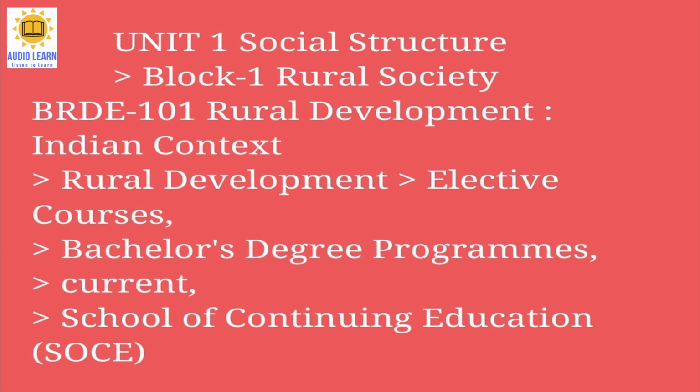These variations in form, extent or degree are outcomes of features like unity and diversity in India. It will enable you to explain the important features of Indian rural society.